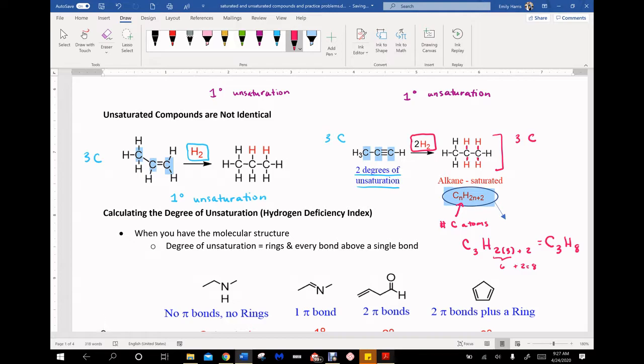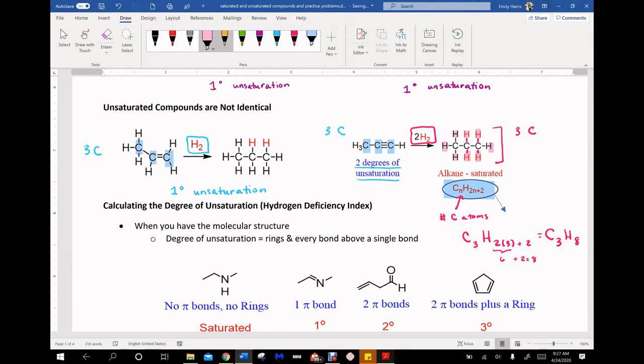By looking at that formula, we can go back up and see, okay, do we have 3 carbons and 8 hydrogens? And if we count, we do end up with 8 hydrogens per those 3 carbons. And so that means we have a saturated compound, okay?